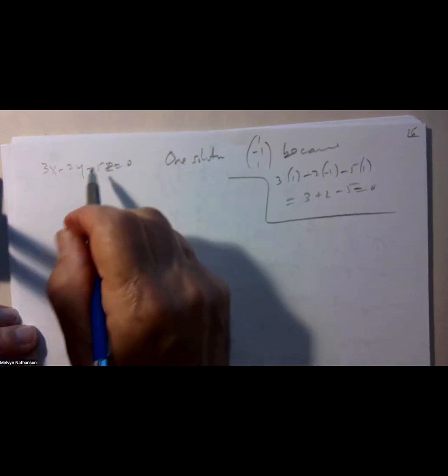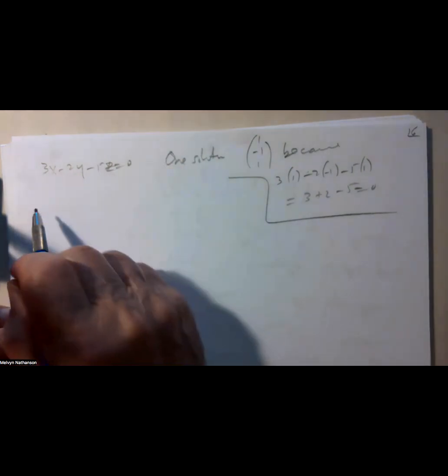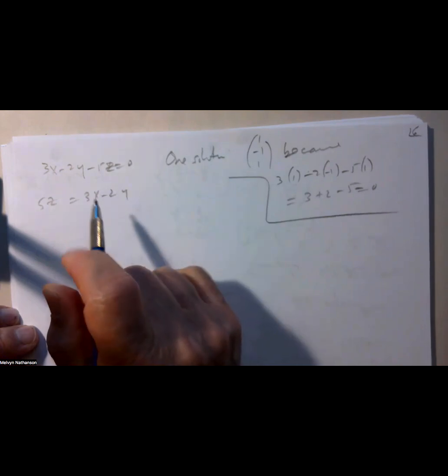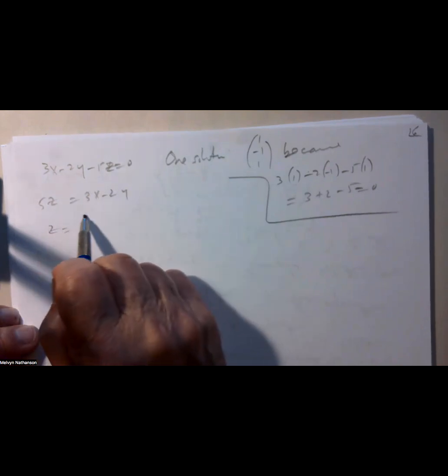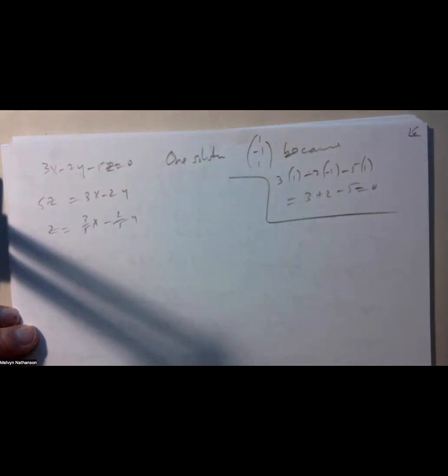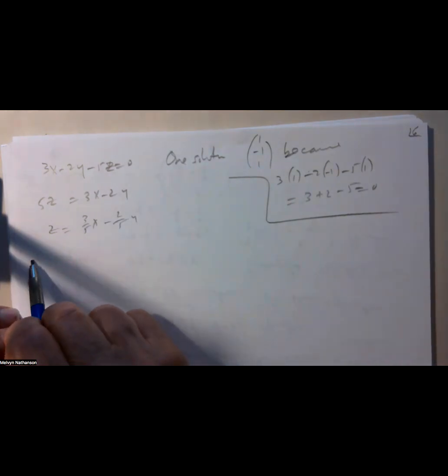But we want to find all solutions. So let's solve for z. So 5z is 3x minus 2y. So z is 3/5 x minus 2/5 y for any x and y.